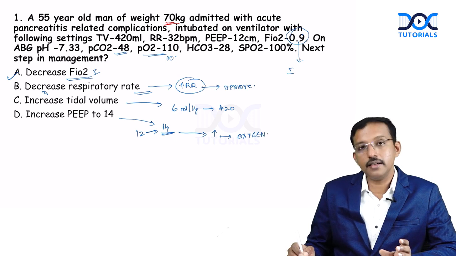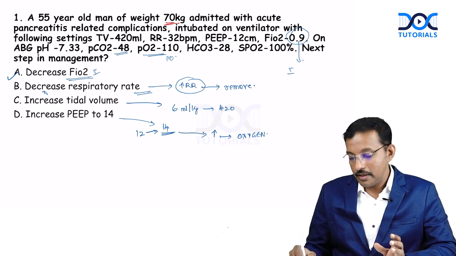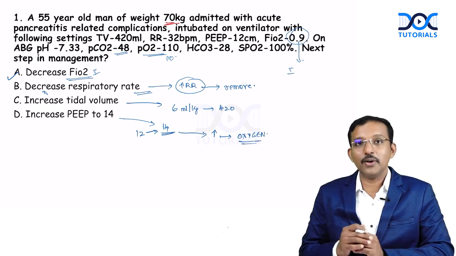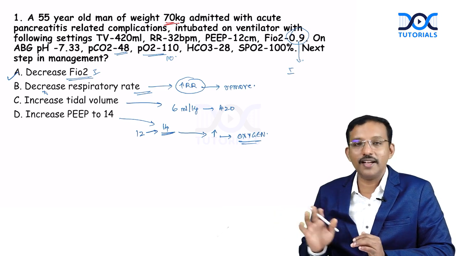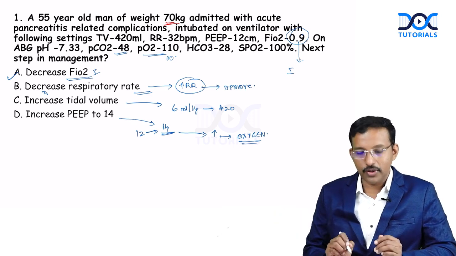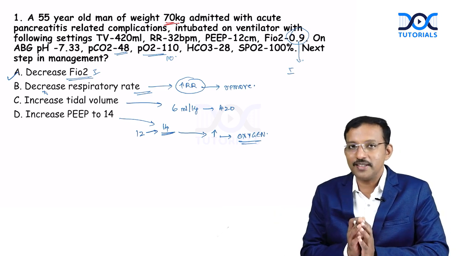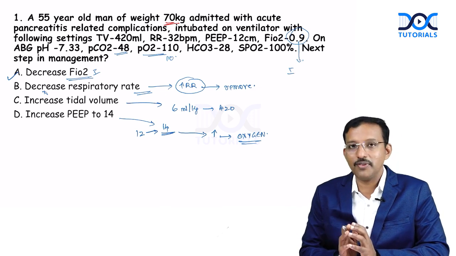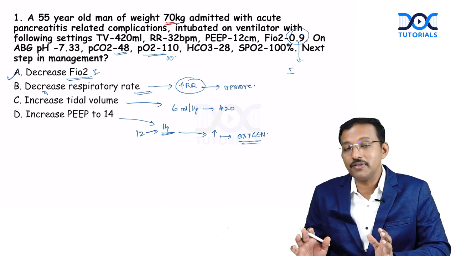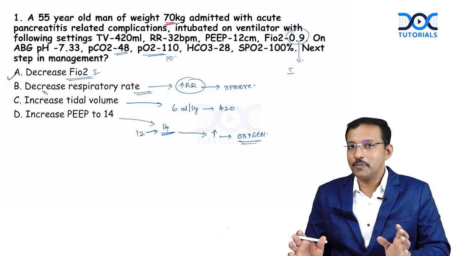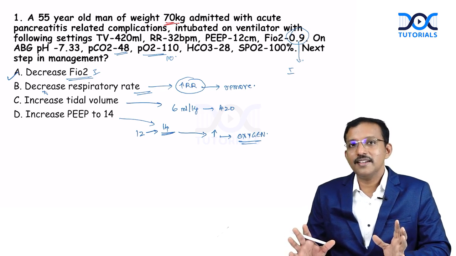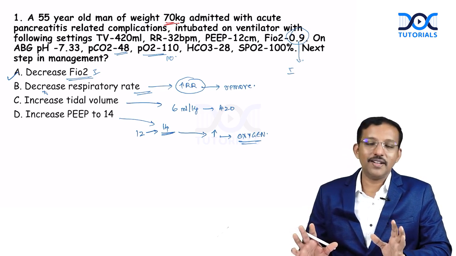Here oxygenation is not affected, it is already hyperoxygenated or oxygenation is more than adequate. So that is also not your choice. This is how you interpret this question, and I know this is a very beautiful question which covers most of the aspects of ARDS. I hope those who have got the insight to ARDS would have definitely got this.